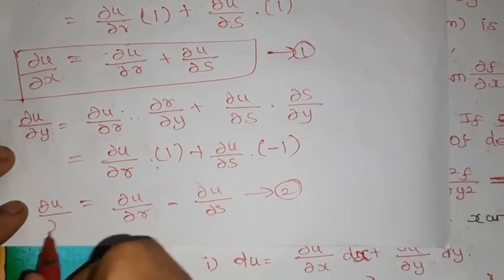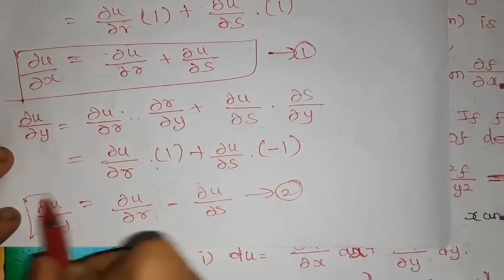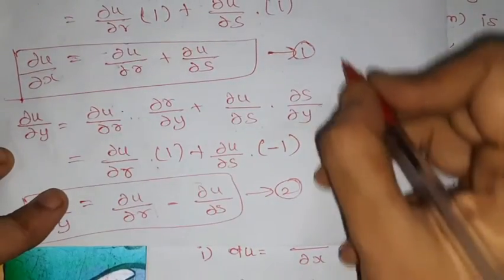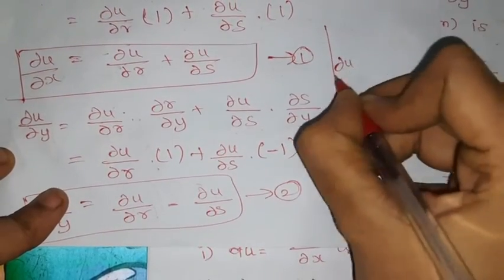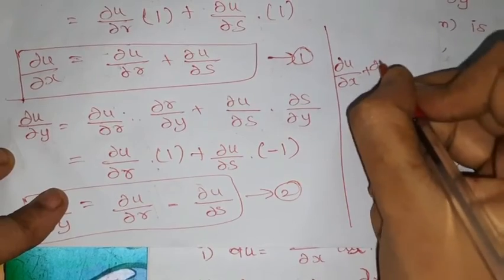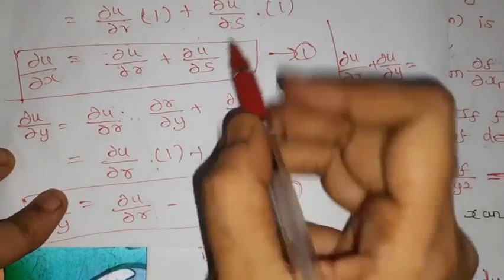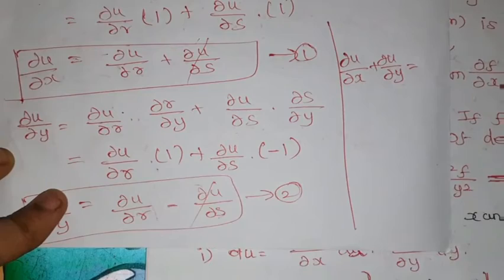Then what we need to do? Adding equations 1 and 2: ∂u/∂x plus ∂u/∂y equal to, and this term will get cancelled.